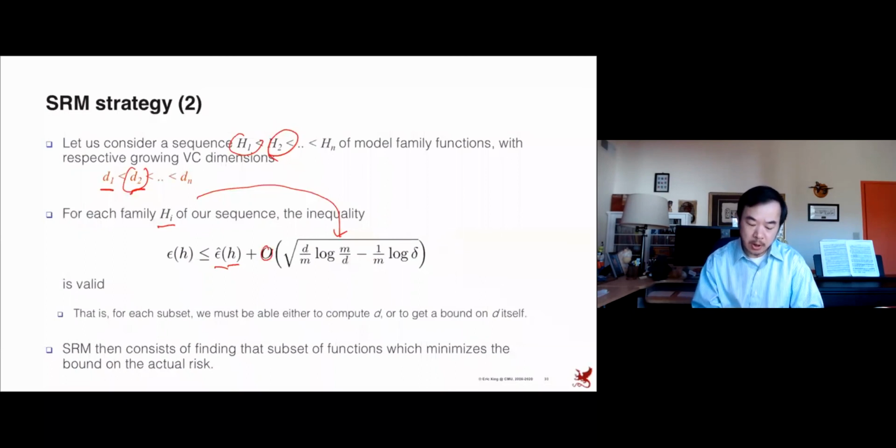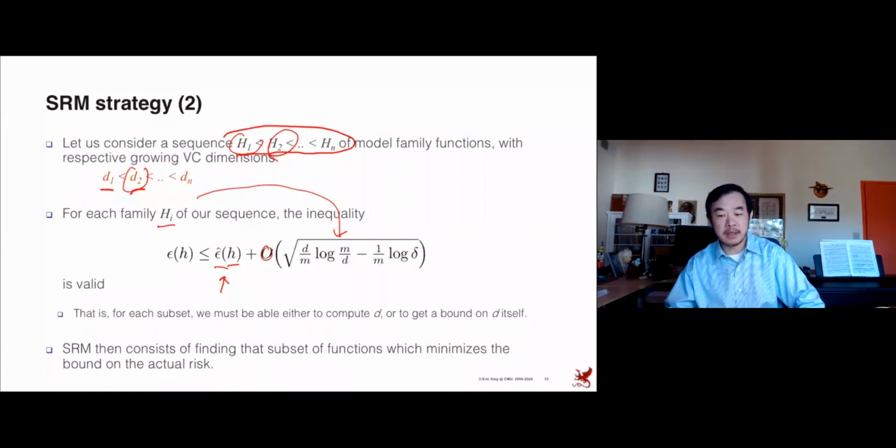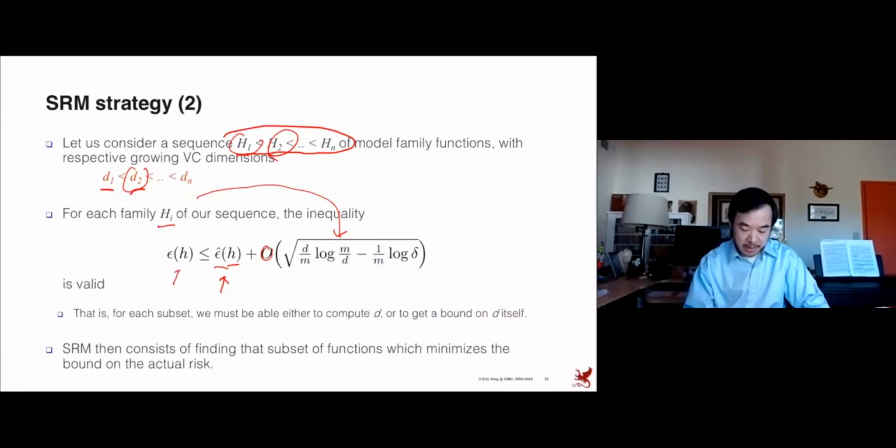You actually don't know exactly which D is the best just by computing the error in here and plugging in this term. You have to basically go through a whole sequence of H, okay, and then train each of them, and maybe have a holdout data set, as a cross validation data set, to compute an estimation of that.